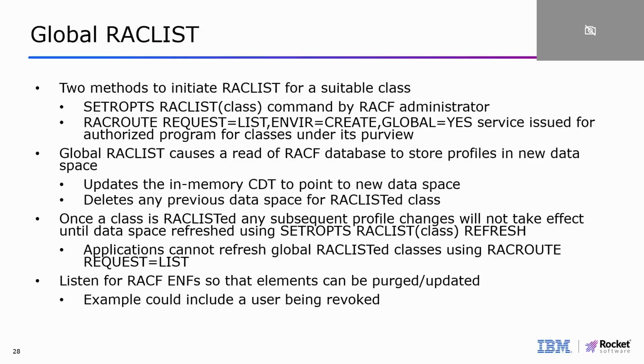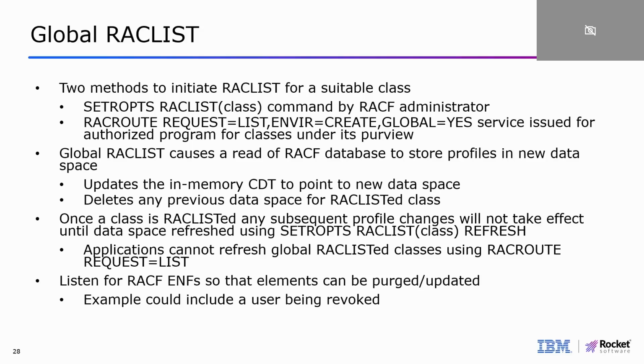So what actually happens when that RACLIST occurs is that the RACF database is read, and all of the profiles are uploaded to a data space. Then the in-memory CDT, which is reflected by a sequence of control blocks in common storage, is updated to point to that data space inside the entry for the CDT.